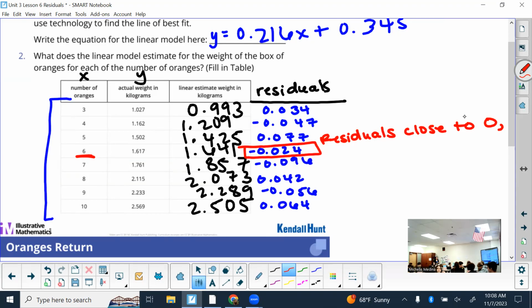But residuals close to 0 indicate that the actual and estimated values are almost identical.